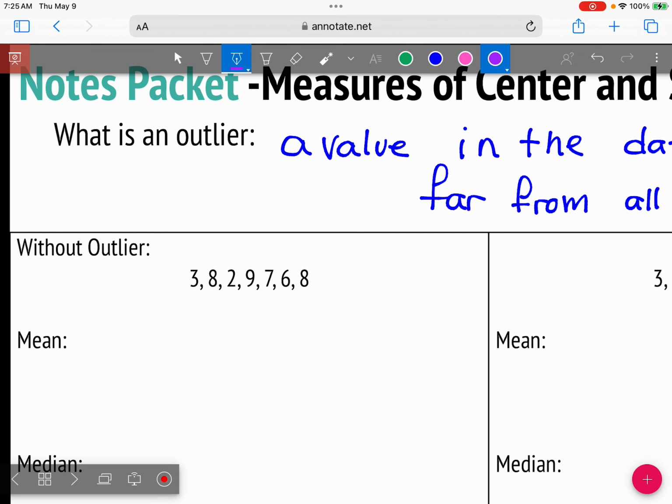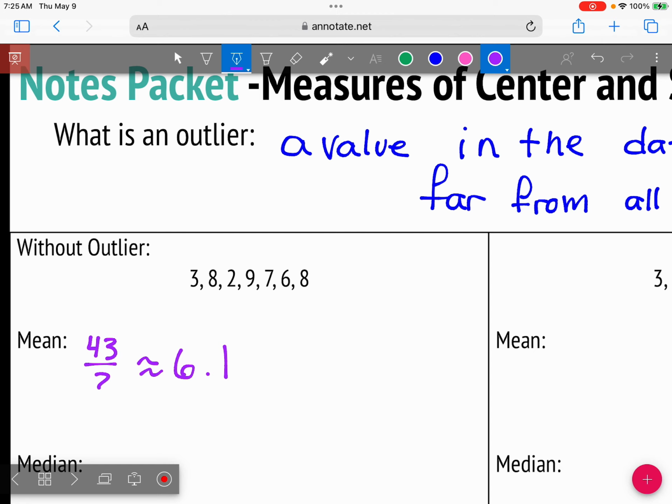And we're going to get 43 over 7, and 43 divided by 7 is about 6.1. So the average is about 6.1.